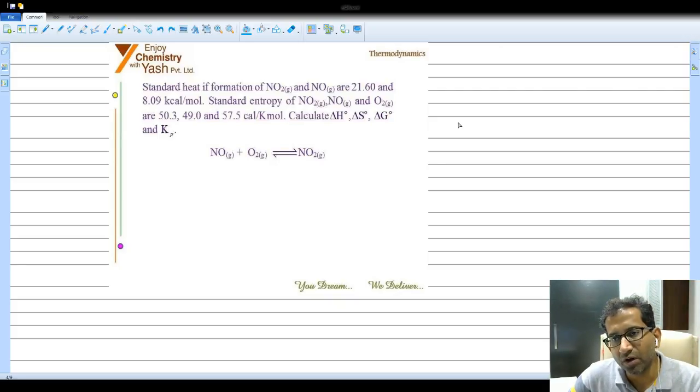Standard entropy of NO2 gas, NO gas and O2 gas are 50.3, 49.0 and 57.5 calorie per Kelvin per mole. That is calorie, Kelvin inverse, mole inverse. You have to find out all terminologies like delta H0, delta S0, delta G0 and Kp. Why is it Kp?